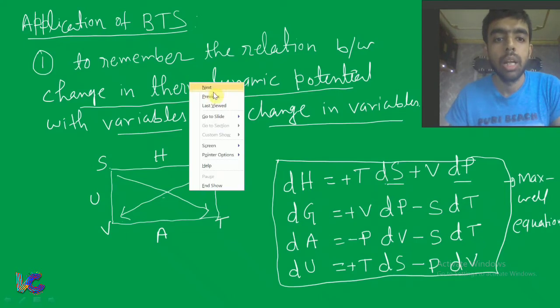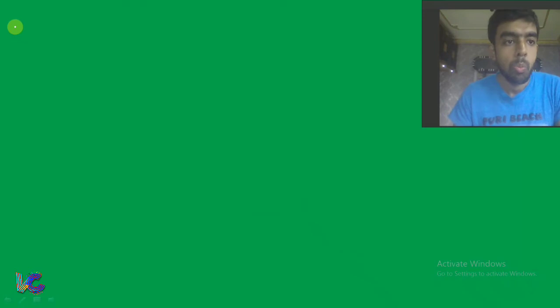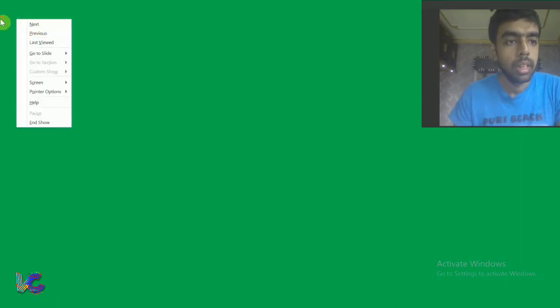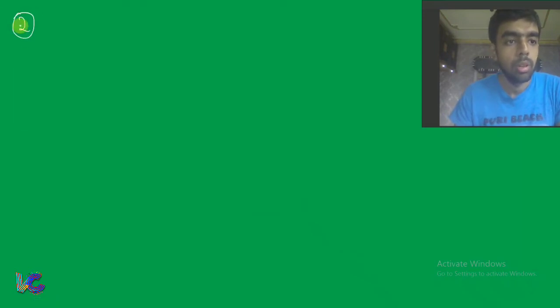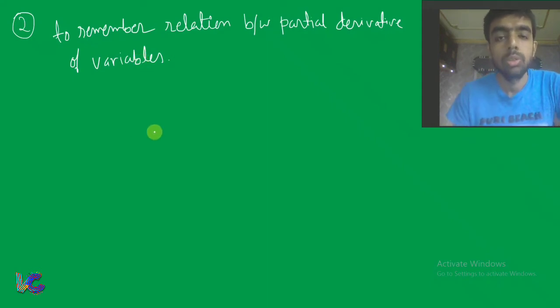Now let's move on to the second application of the Born-Haber square. The second application is that it helps us to remember the relation between the partial derivatives of thermodynamic variables.